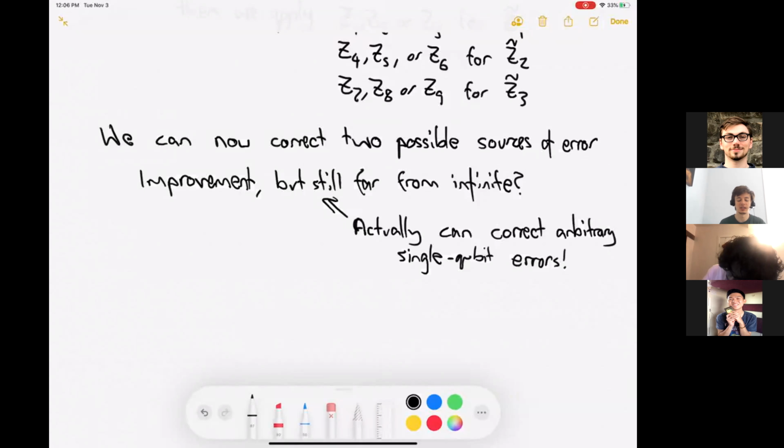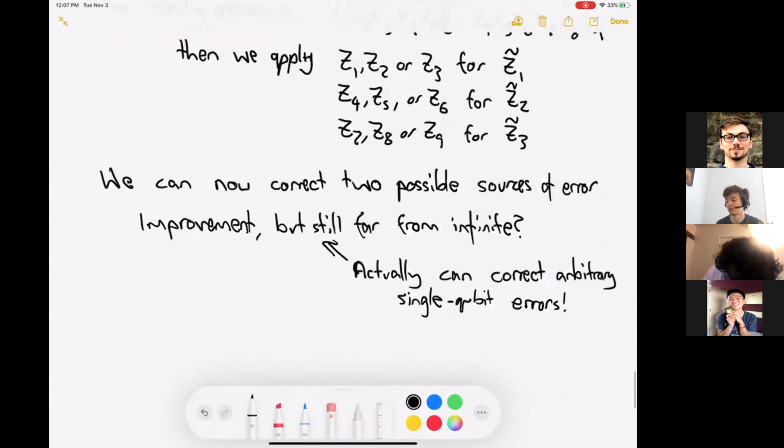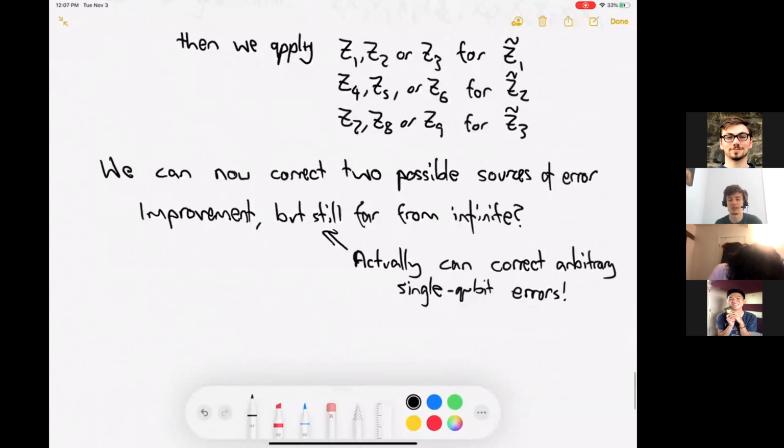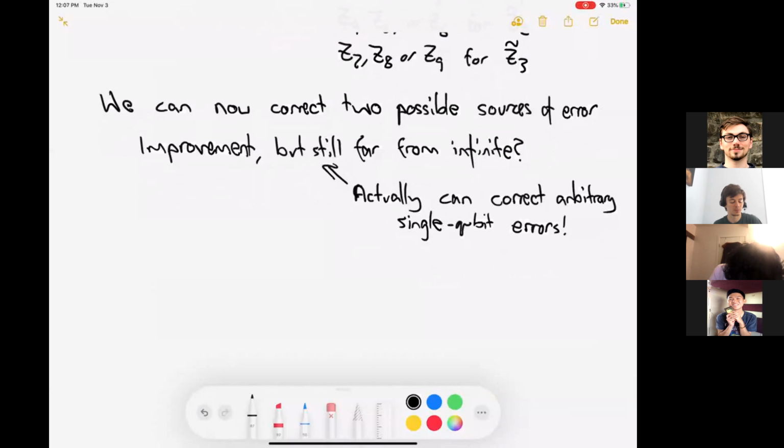Just by correcting this finite set of bit flip and phase flip errors, we end up being able to correct completely arbitrary errors, even though there's infinitely many types. Okay, so let's see how that works.